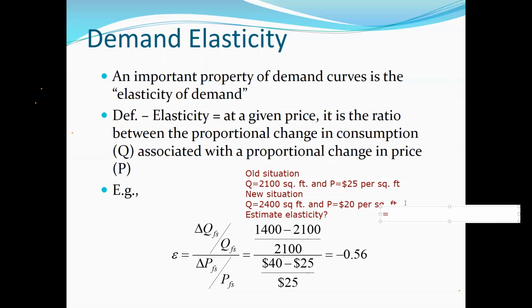Okay. So we're trying to estimate the price elasticity value with these new numbers, and obviously our original situation is still the same. So I'm working that out here. It will be the change in the quantity of floor space, which is plus 300, divided by the original quantity.